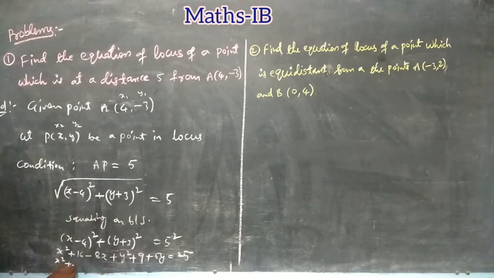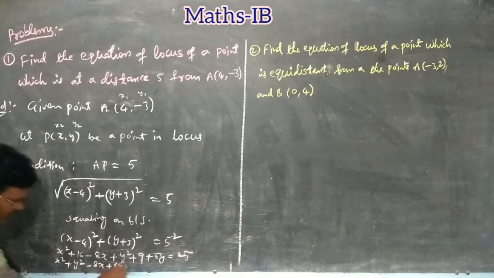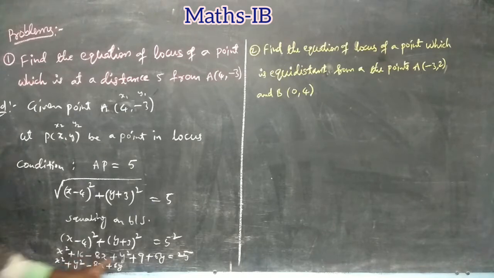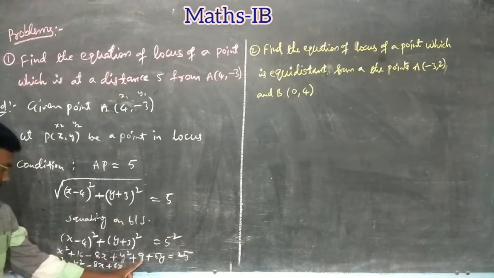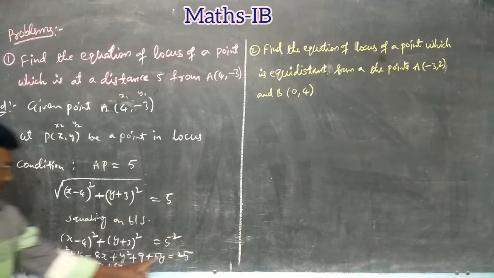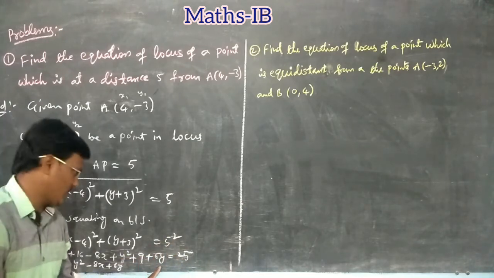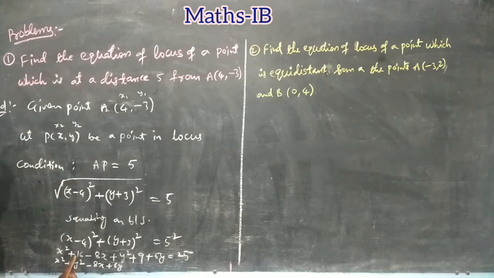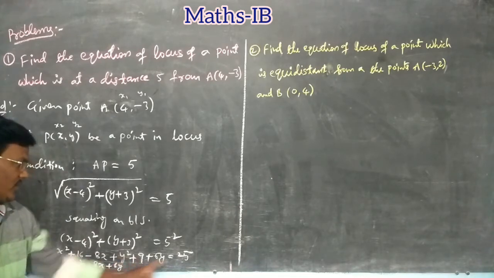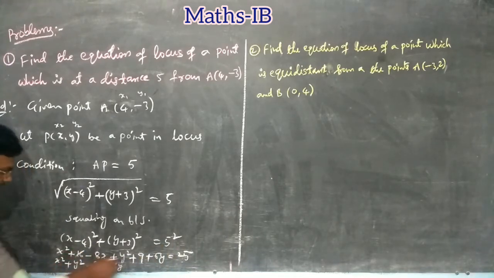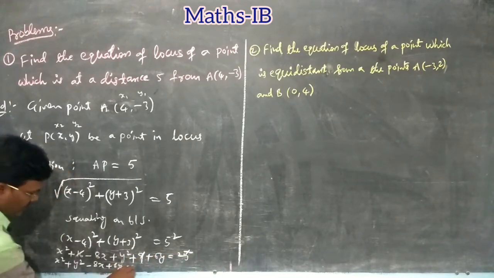X square plus y square minus 8x plus 6y. So 16 plus 9, that is 25. So 25 if transferred to the left side, it is going to be minus 25. So plus 25, this value we are getting cancelled. So that is equal to 0.